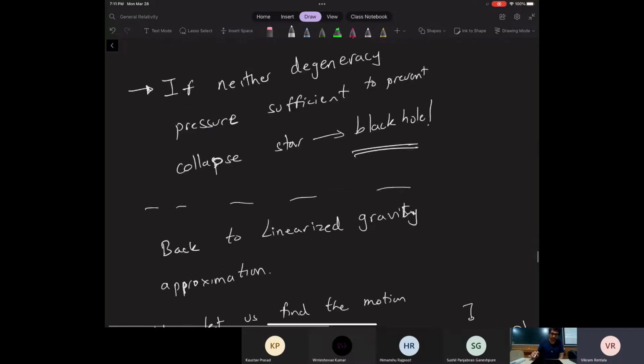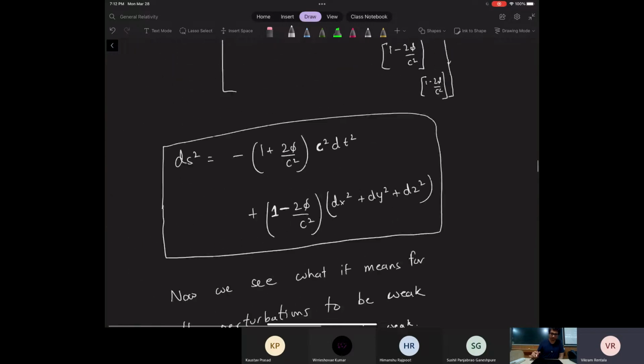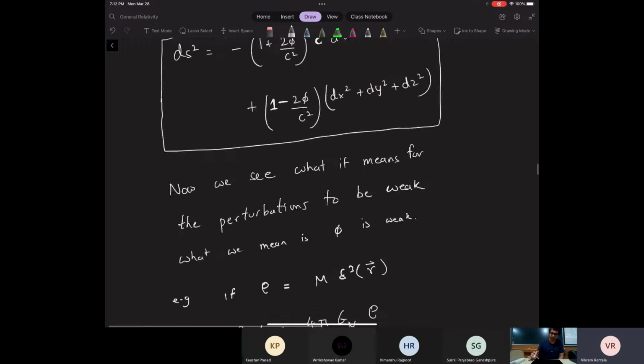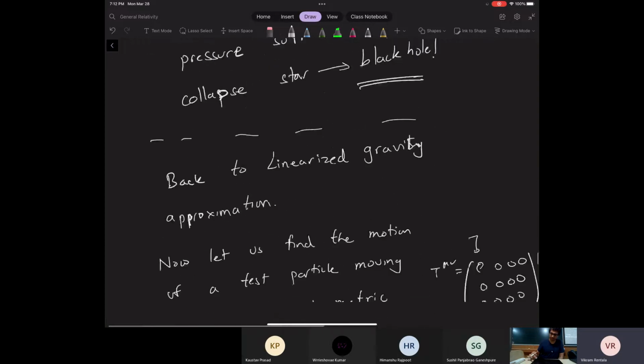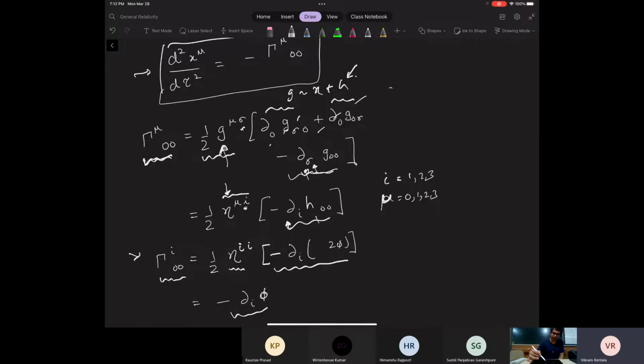Is that right? What did we derive for h? Yeah, h_00 is minus 2φ. That's right. So h_00 is minus 2φ, and we have a minus 2φ here.